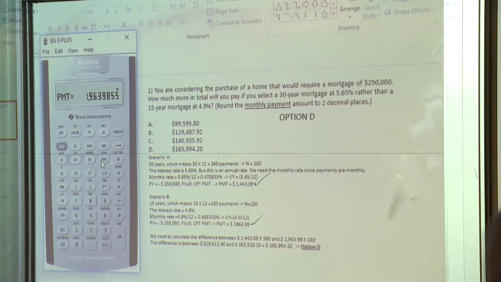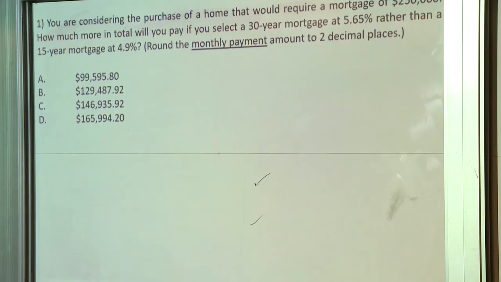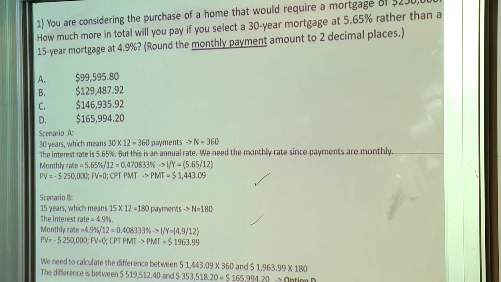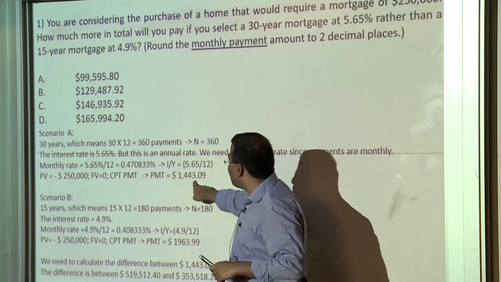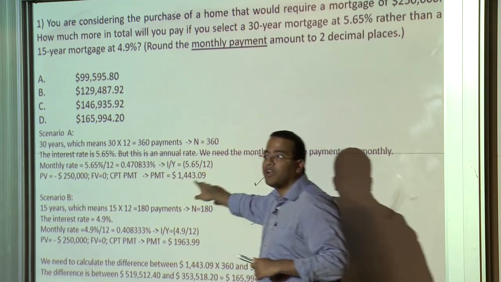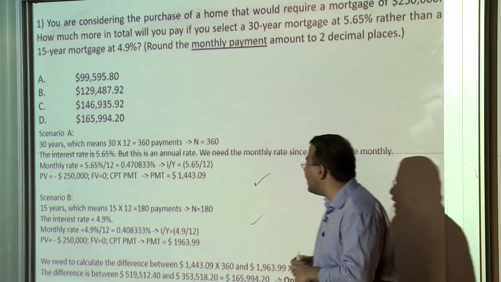So there are two plans. I could choose either of these plans, and the question is asking me what is the difference in the amount that I pay out. If I choose the first plan, I'm going to pay this amount for 360 months. If I choose the second plan, I'm going to pay this amount for 180 months.